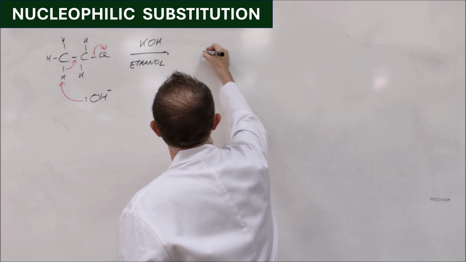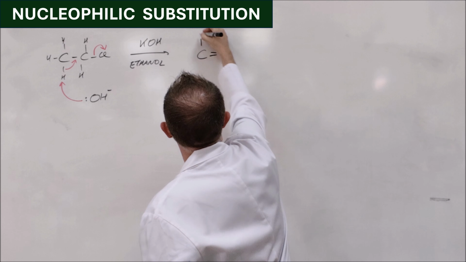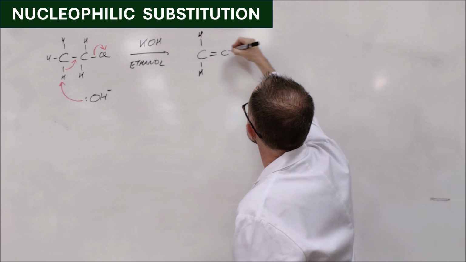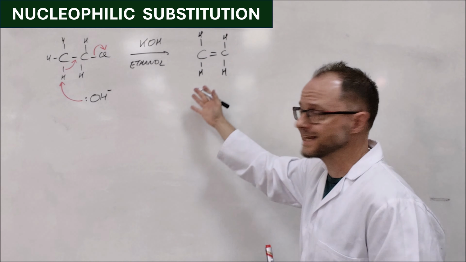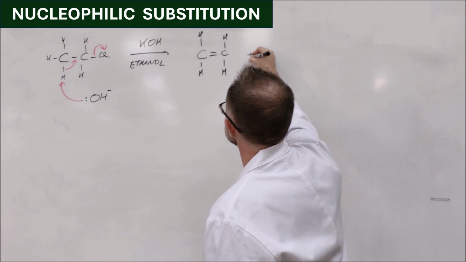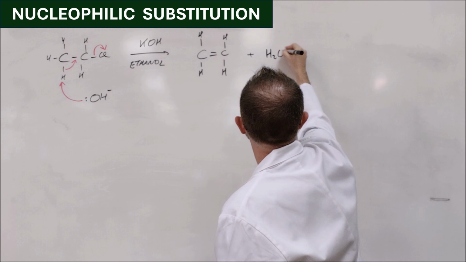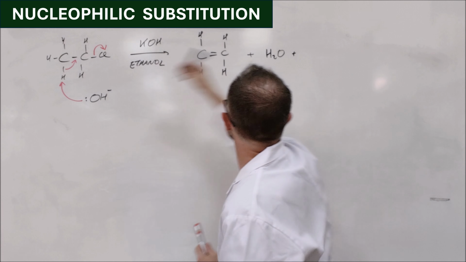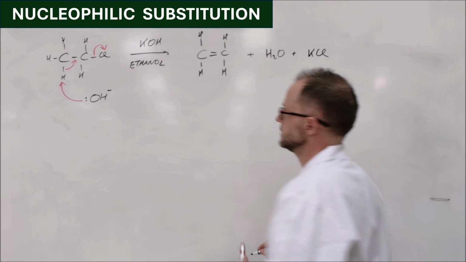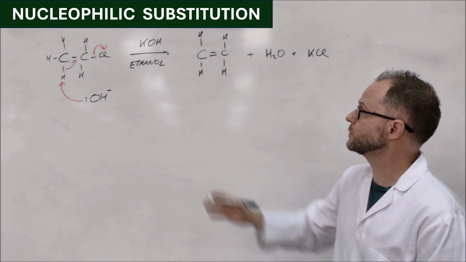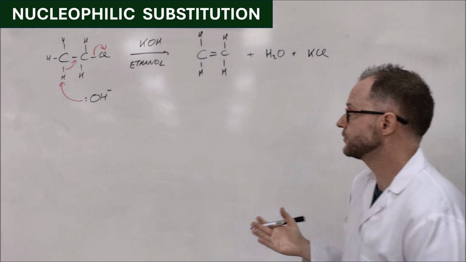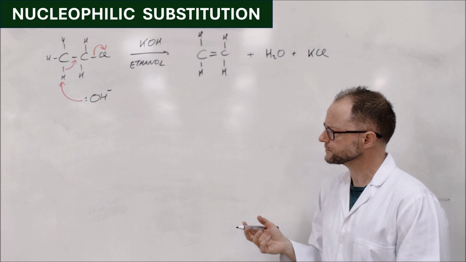So what we're left with is carbon double bonding to carbon, with 2 hydrogens here, 2 hydrogens here, that's ethene. We form an alkene in the elimination reaction, plus the water, plus potassium chloride, KCl. That's an elimination reaction. It works much better when it's done in ethanol and also at high temperatures.